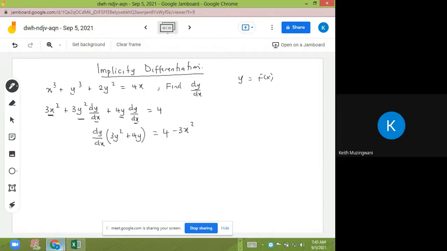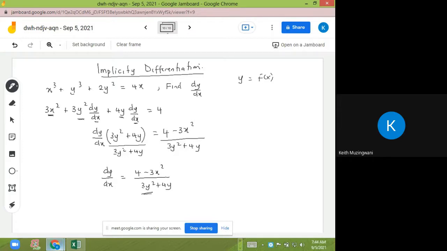Because you're looking for dy/dx, we'll divide by 3y squared plus 4y, so that we get dy/dx is equal to 4 minus 3x squared over 3y squared plus 4y.